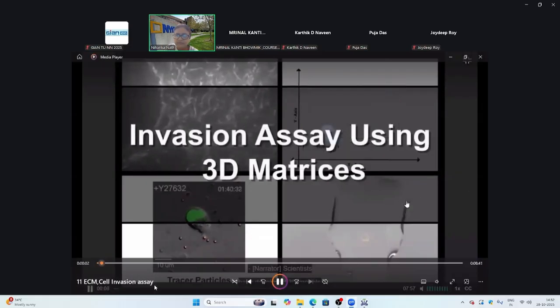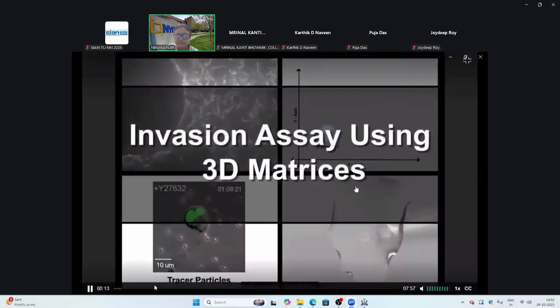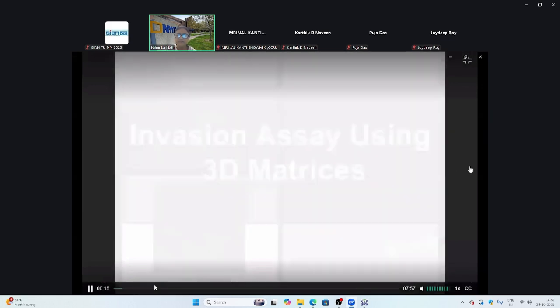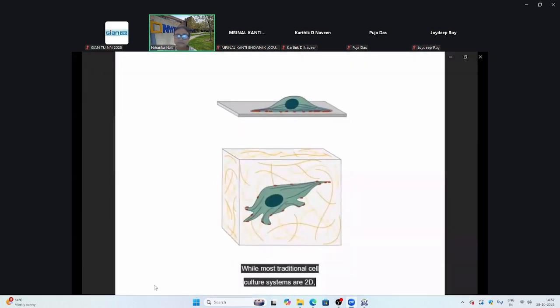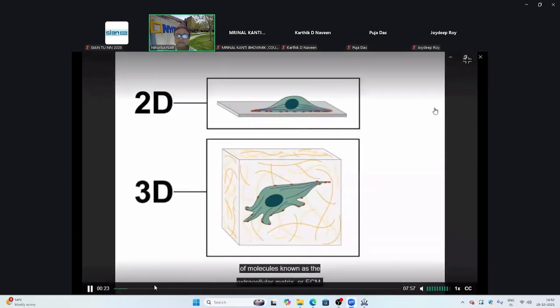Scientists have developed 3D models to more accurately study cell invasion and migration processes. While most traditional cell culture systems are 2D, cells in our tissues exist within a 3D network of molecules known as the... Don't know what happened.